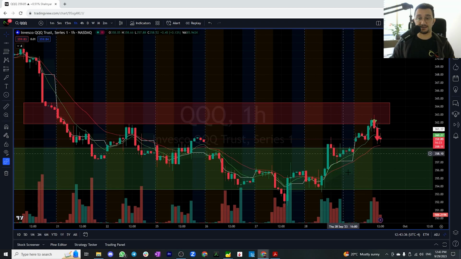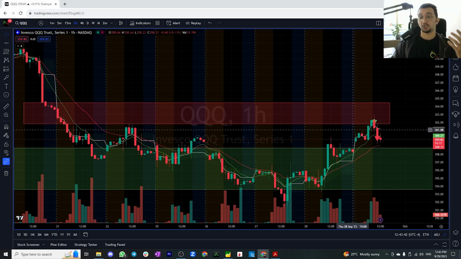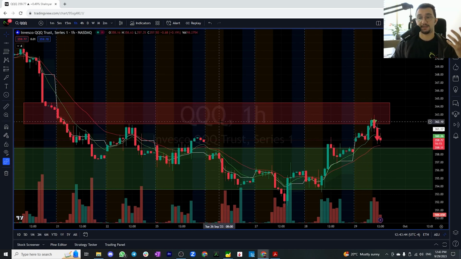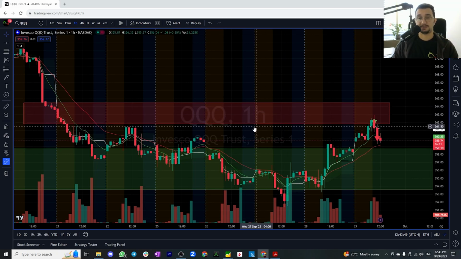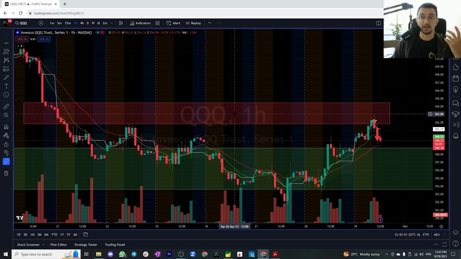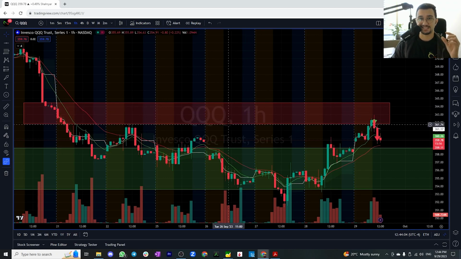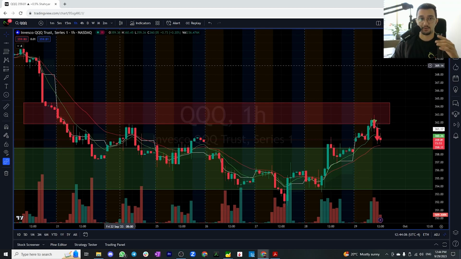So we had a bounce above the demand zone and a rejection below the resistance zone, right? Once you understand these zones and which levels are acting as demand or resistance, your trading game can totally change, and you can easily see the buyers and sellers in the market and have better decision making when it comes to trading.